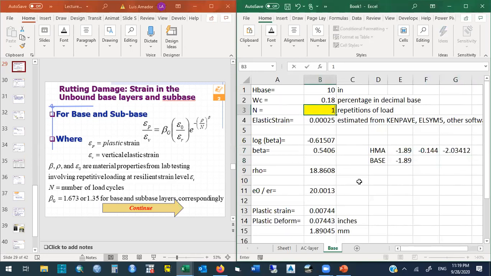So then again, 100,000 gives me 3 millimeters already because it's 2 in the base and 1.3 on the hot mix asphalt. Do you see what I'm saying, guys? You have to accumulate both of them. So technically, if you're accumulating everything, then the failure could occur with a lot fewer repetitions compared to 11 million, right?